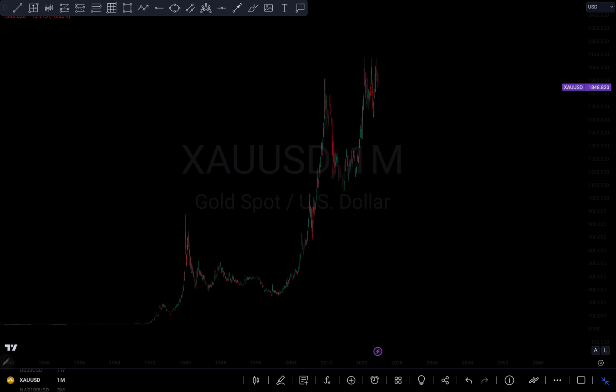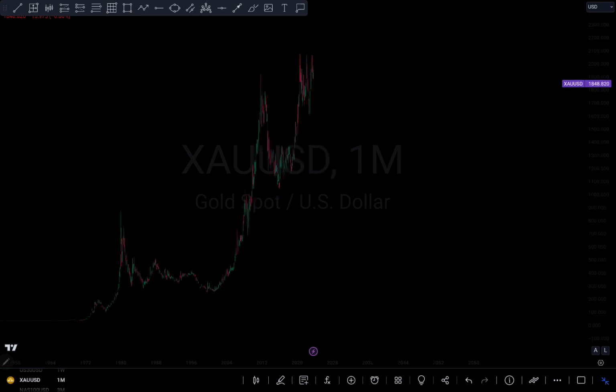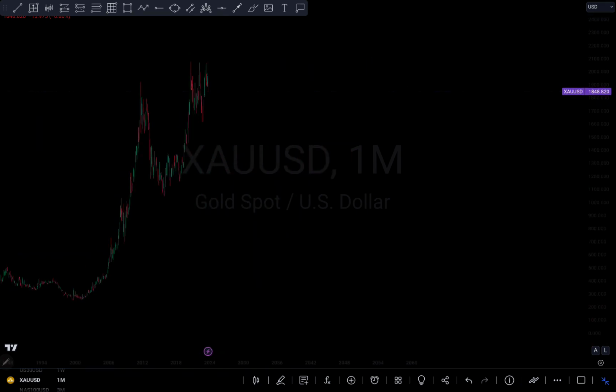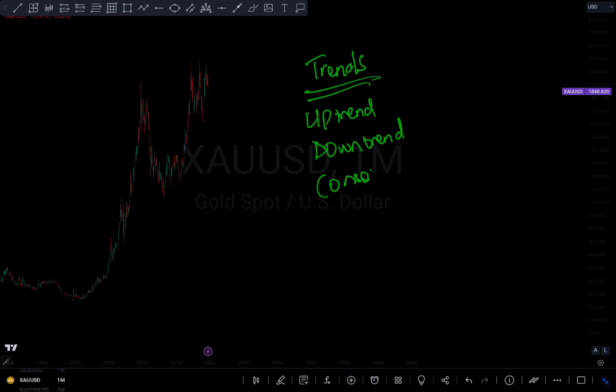Because this will be a beginner friendly markup, let me do a quick explanation on trends. When we talk about trends in the financial market, there are three types, even if it's two types: we have the uptrend, the downtrend, and the consolidation.